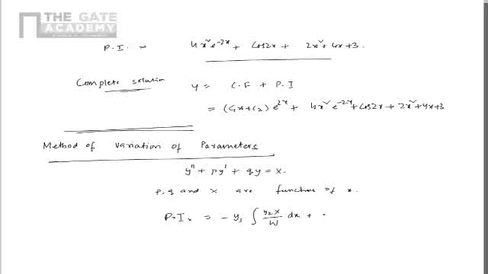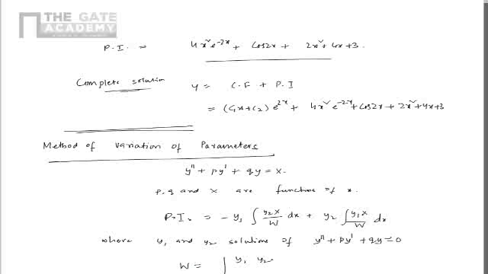Let me define what w is after some time. So this is the form. Now what are y1, y2, and w? Here y1 and y2 are the solutions of the homogeneous part of this expression, whereas w is the determinant of y1 y2, y1 dash y2 dash.